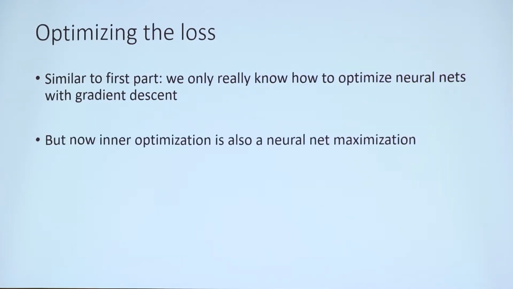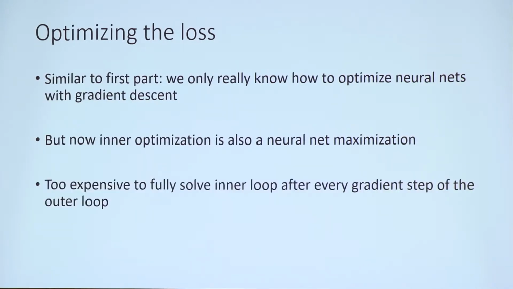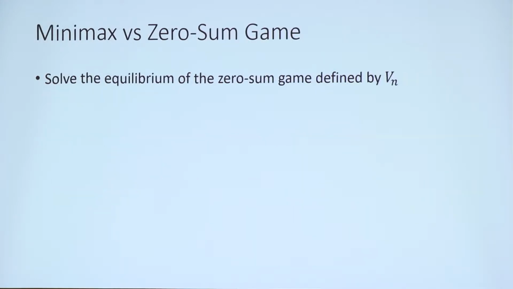Okay, so now the inner optimization is also this weird neural net, so I cannot fully solve the inner thing and then solve the outer thing through a first-order method. So what do we do? The basic idea coming from this first paper on generative adversarial networks is, take the perspective that you don't really want to solve the minimax game.